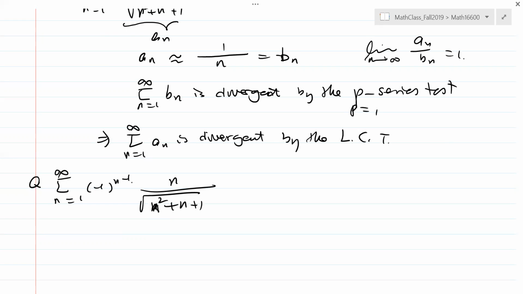But if you want to use the alternating series test, it must be decreasing to 0. So your comments only said that you cannot apply the alternating series test. No, but that's right. But that doesn't mean that you already proved it's divergent. I am asking which test you use to prove it's divergent.